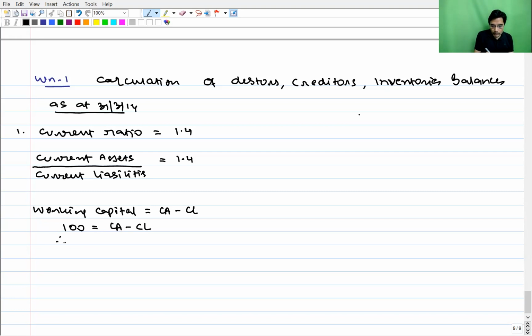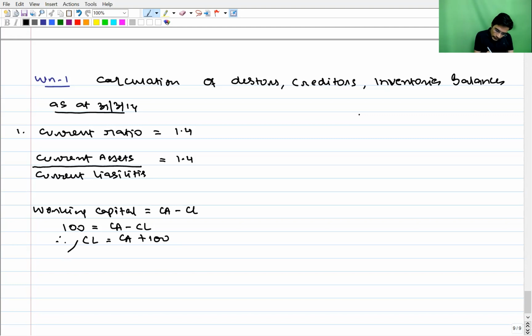So therefore, if you want to find out current liability from this equation, it will be equal to 100 plus current assets.